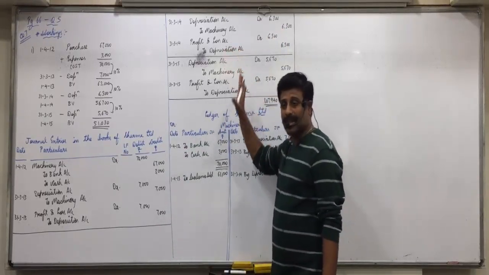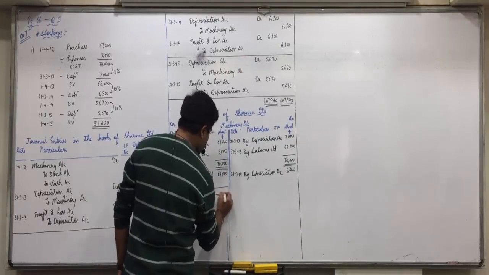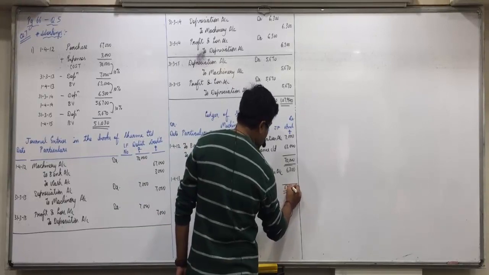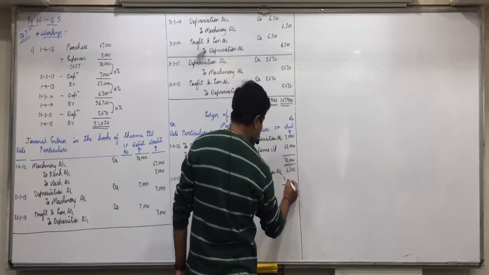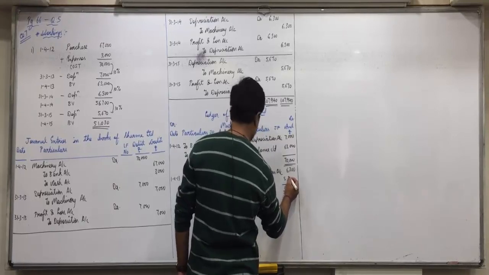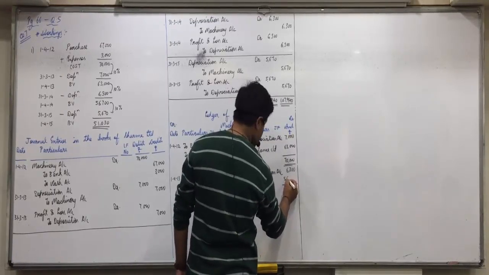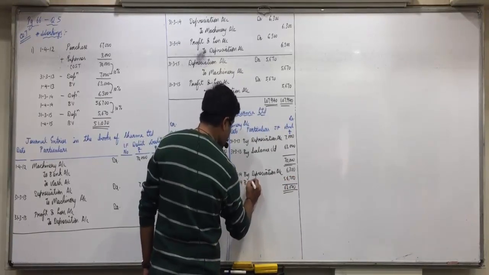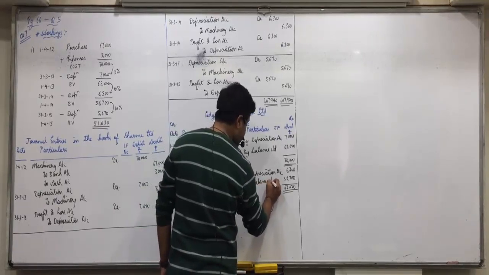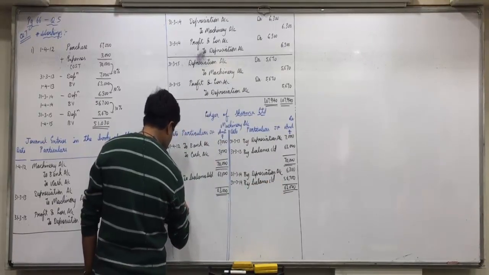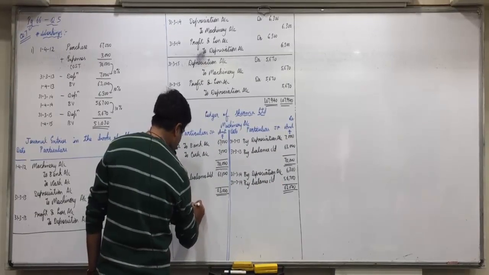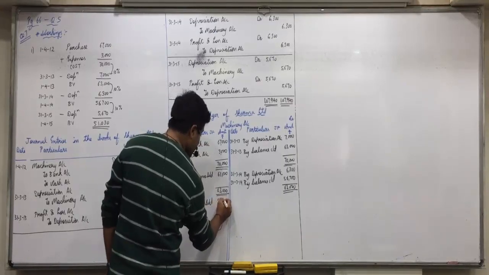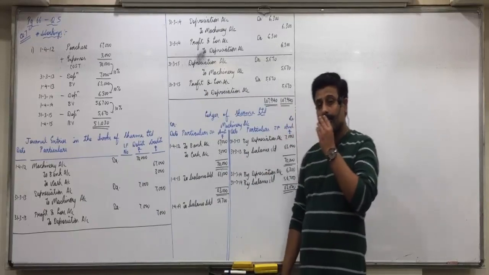Again this P&L to depreciation will have no effect, so we'll do the balancing. 63,000 minus 6,300, so 56,700. 31,314 by balance carried down, and 1,414 to balance brought down. Is everyone able to understand this?